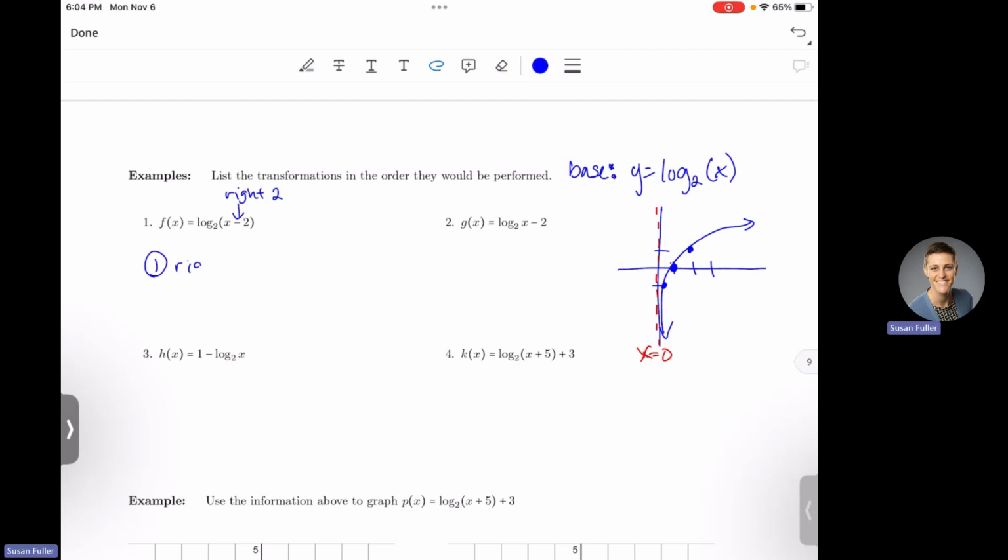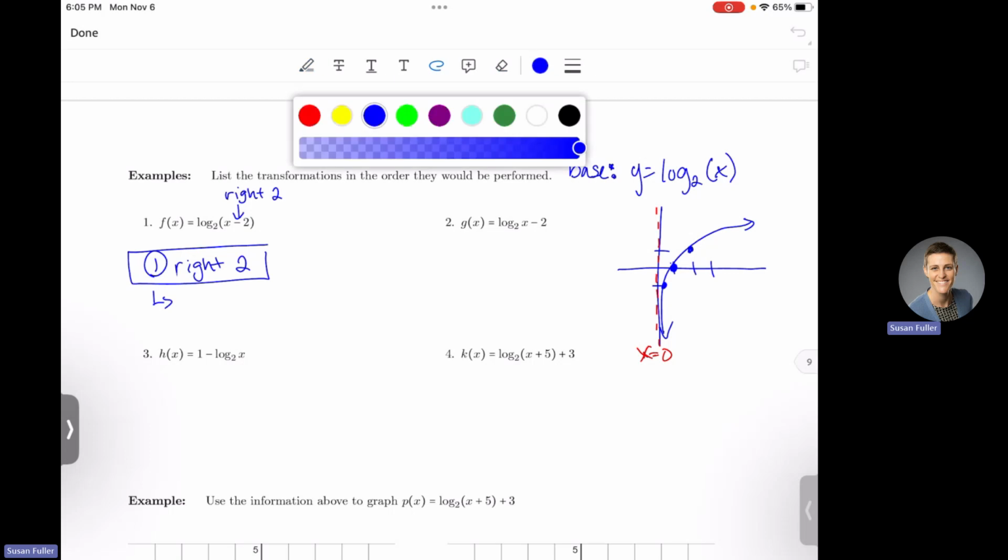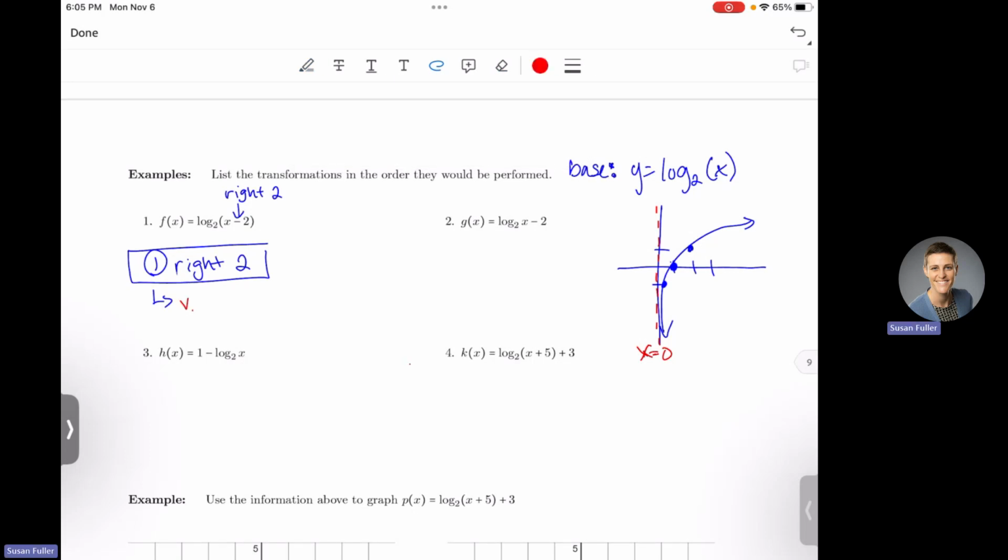So I'll just list that, that this is going to move to the right by 2 units. And notice when I move this whole graph to the right by 2 units, my vertical asymptote will also move to the right by 2 units, which means it's going to move from x equals 0 to x equals 2.